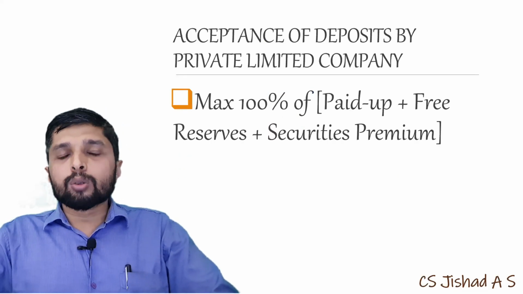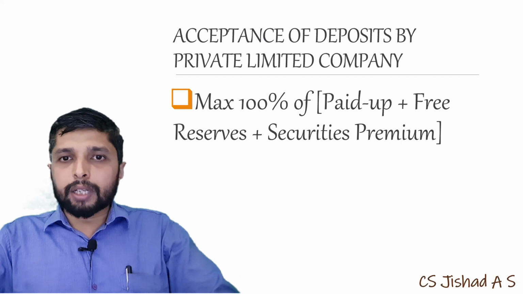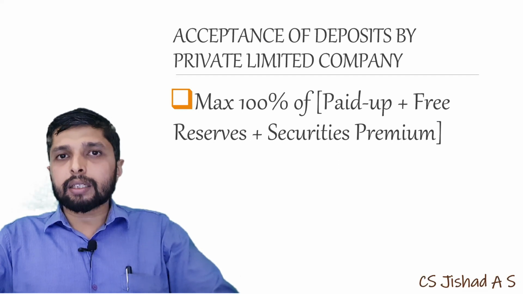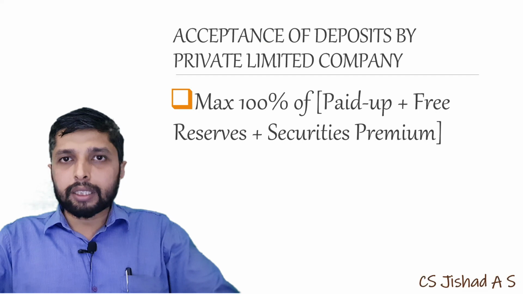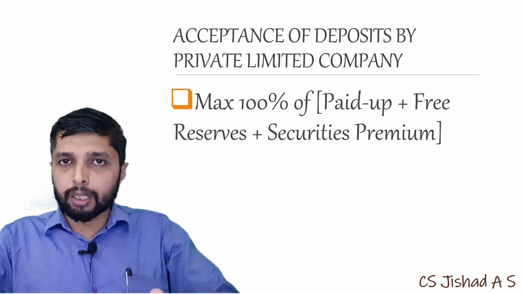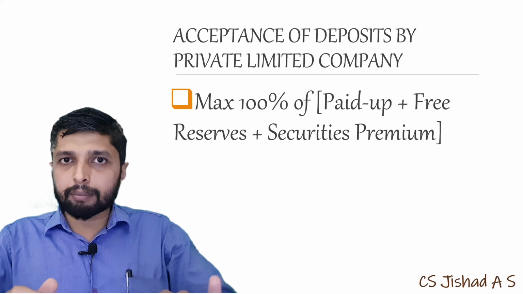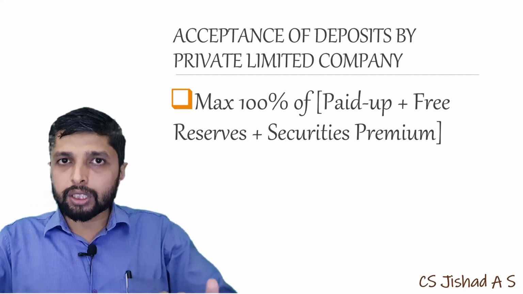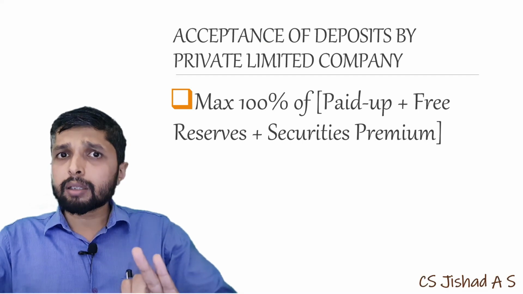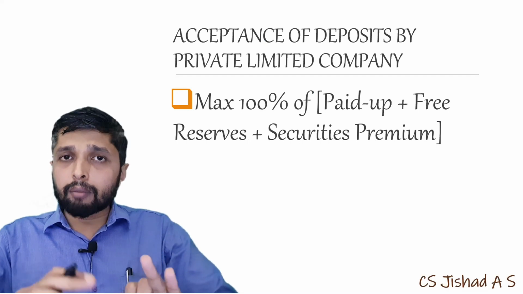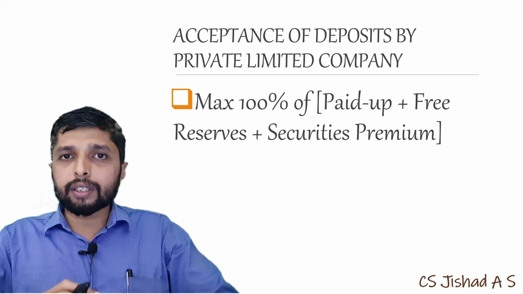Next is related to acceptance of deposit by private limited company. We know that 2 companies can accept deposit from members. Number 1 is eligible public company. They can accept maximum of 10%. The second company is ineligible public company, or companies which are specified in 73 subsection 2.